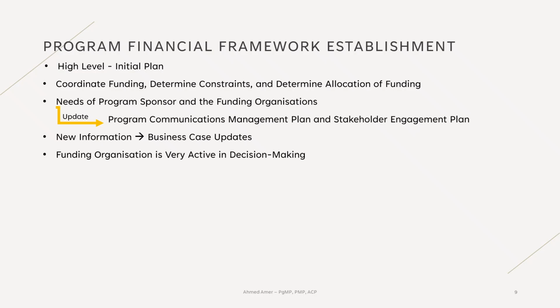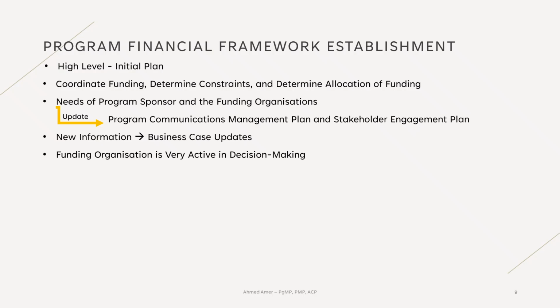Your interactions with the program sponsor and other key stakeholders need to be proactive, complete, and timely. If funding is delayed, if cash flow assumptions change, or if a component needs additional financing, these stakeholders must hear about it early, before it becomes a risk to the program.